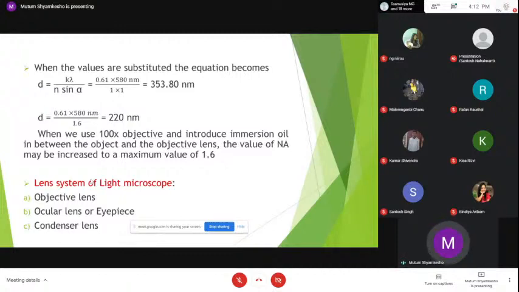The objective lens is placed nearest to the object or specimen to be seen, and the ocular lens is nearest to the observing eye, while the condenser lens is nearest to the source of illumination in compound light microscopes.